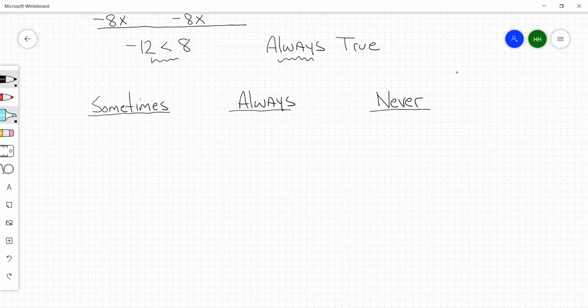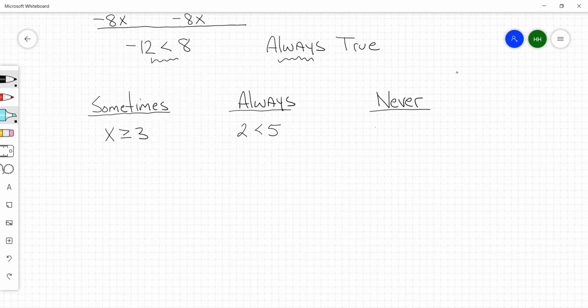So, sometimes true, that's x greater than or equal to 3. If that's your solution, then the inequality is true sometimes. Always would be like 2 is less than 5. 2 is always less than 5, isn't it? All right, so that inequality is always true.